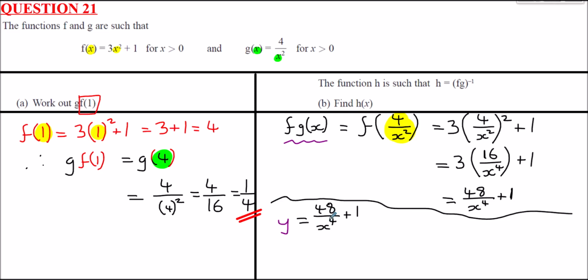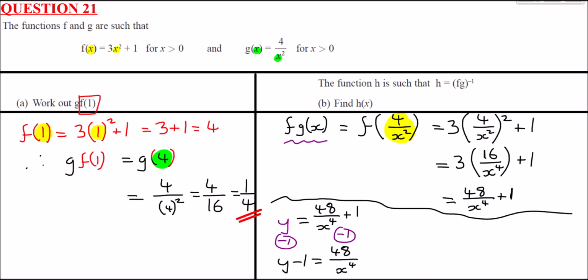So, to make x the subject, I need the x not on the bottom of a fraction, but on top of something. So in a moment, we're going to be multiplying by x to the power 4. First of all, the best bet is probably to just subtract 1 from both sides. So if I take away 1 from here and 1 from there, that will then give me y take 1 equals 48 over x to the power 4.